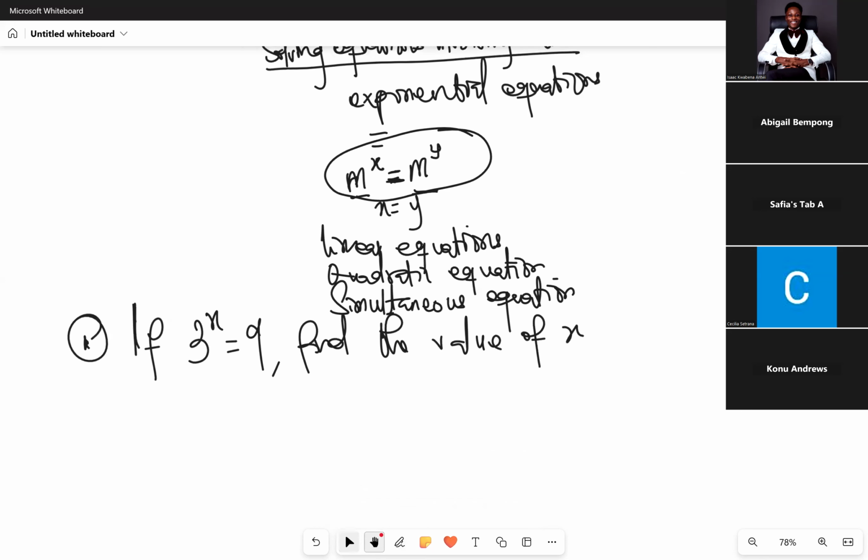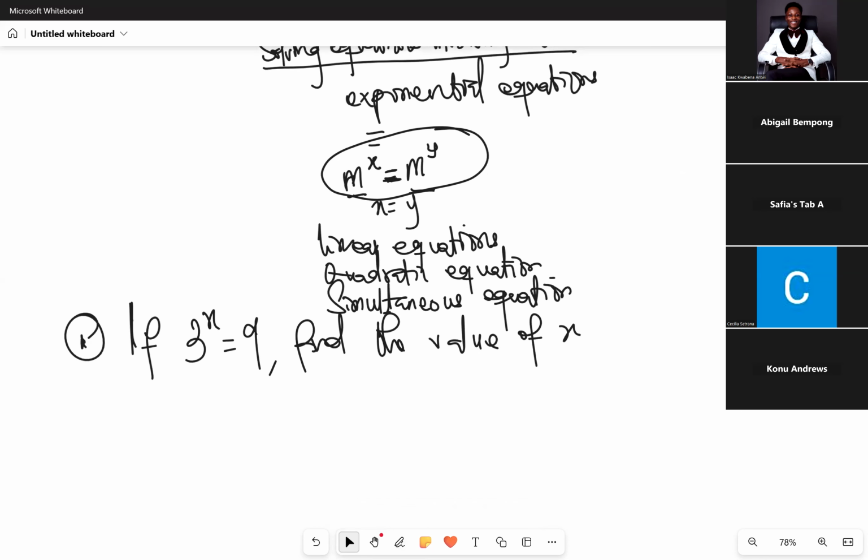I just told you that the only way to solve exponential equations is by using the idea of the bases being the same and equating the powers. To do this, the question we have to ask ourselves is: can we express this on the same base?